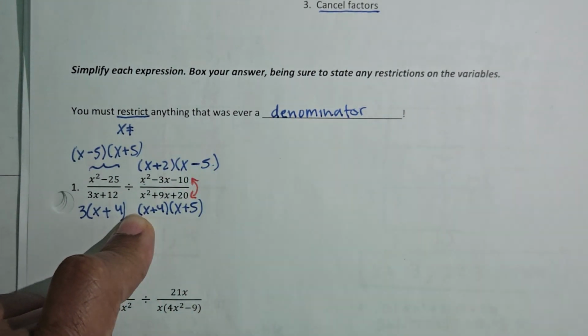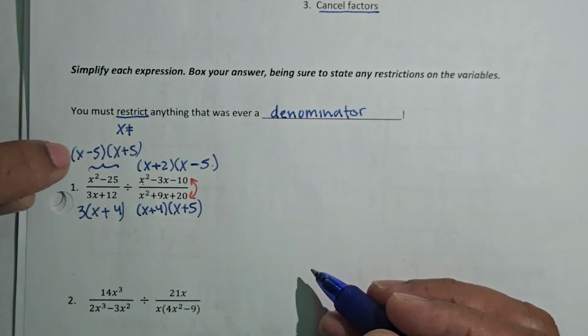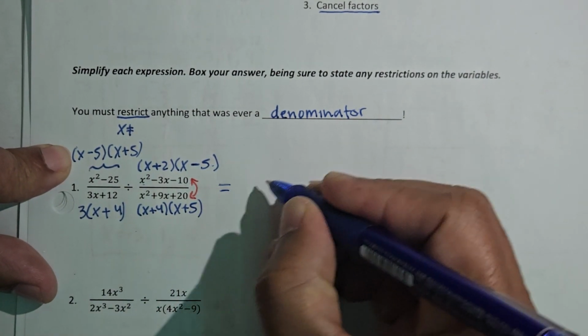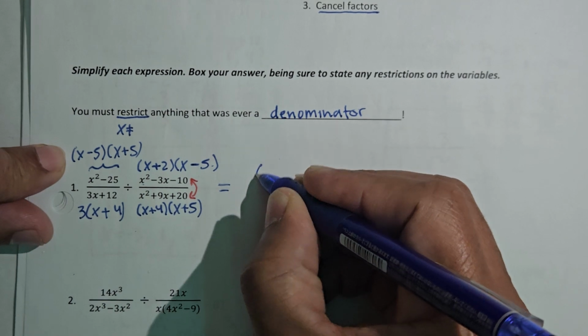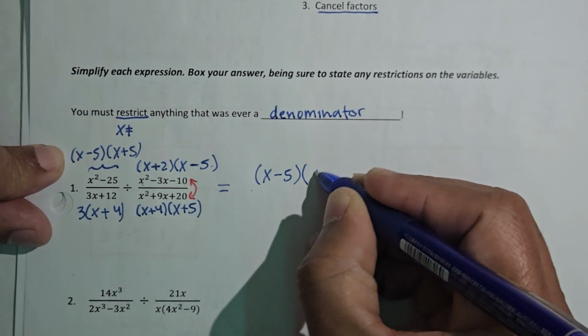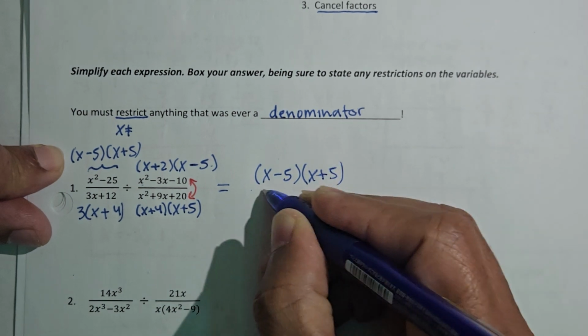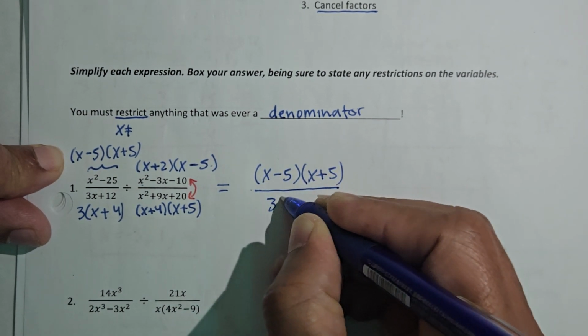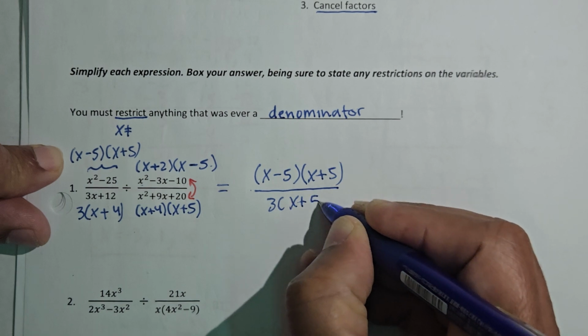Now I'm going to flip those two. I'm going to keep this one like this, so this is the first rational expression: x minus 5 times x plus 5 over 3 times x plus 4.